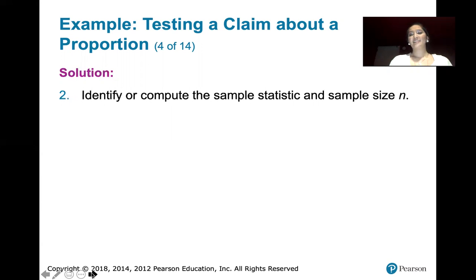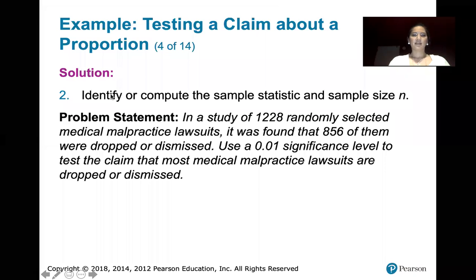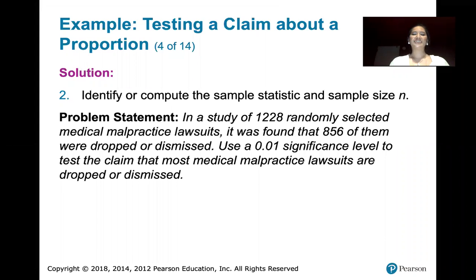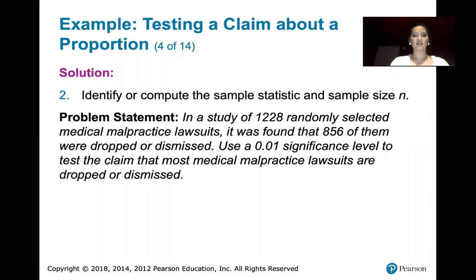And then we want to identify the sample size n as well. So here's our problem statement. It says, in a study of 1,228 randomly selected medical malpractice lawsuits, it was found that 856 of them were dropped or dismissed. Okay, so that's going to be enough to give us our p hat.